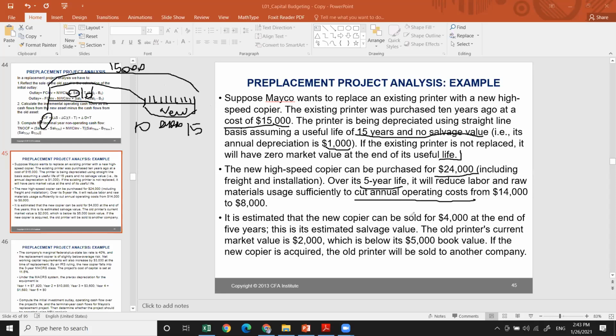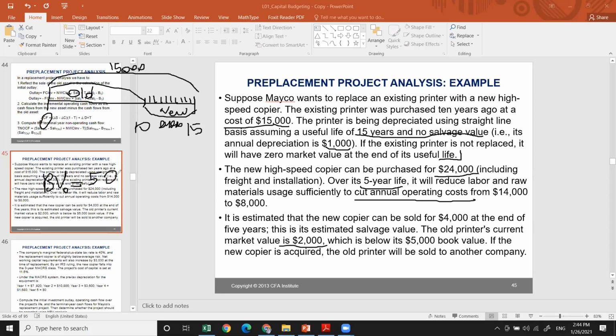It is estimated that the new copier can be sold for 4,000 at the end of the 5 years, which is the estimated salvage value. The old printer's current market value is 2,000, so we will be able to sell our old equipment. We know that the book value of the old equipment now is 5,000.